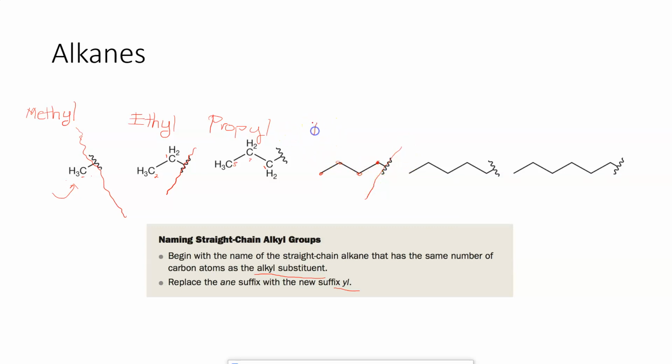So remember, the root for 4 carbons is but, and then yl, butyl. In this case, I have 1, 2, 3, 4, 5. The root is pent, and my substituent becomes pentyl. This one has 1, 2, 3, 4, 5, 6. So this is a hexyl, etc. If it has 7, then it's heptyl, octyl, nonyl, decyl, etc. Okay?